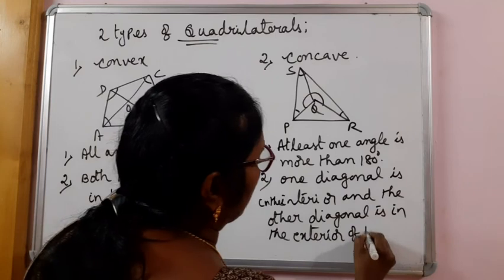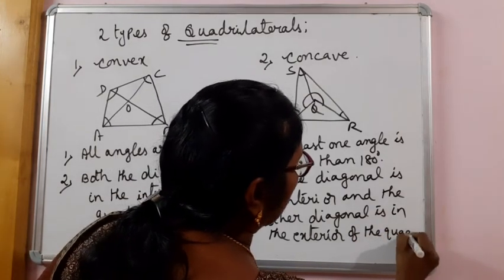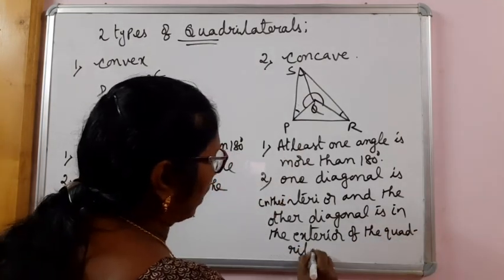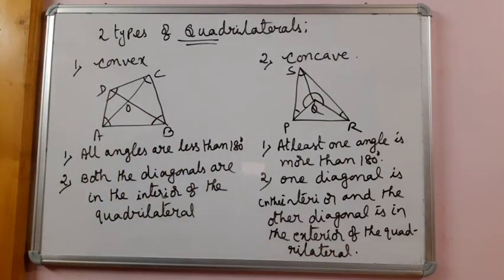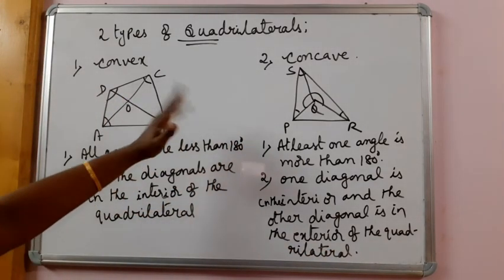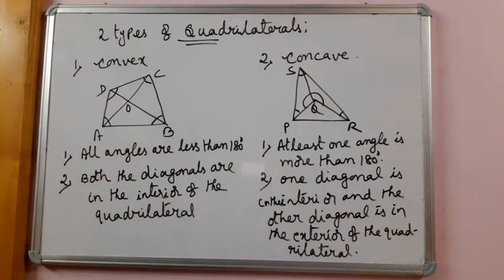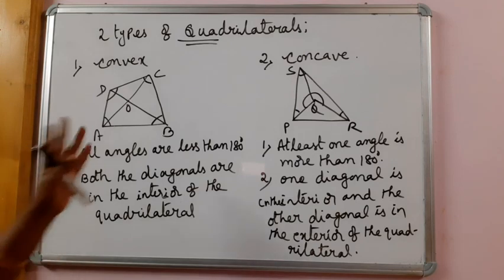Exterior means outside. I hope this is clear to you about what is a convex quadrilateral and what is a concave quadrilateral, and the difference between these two.